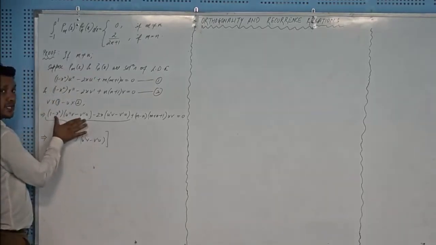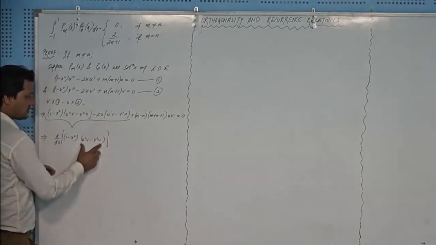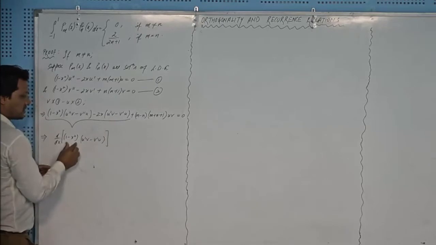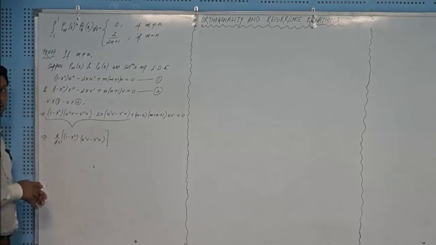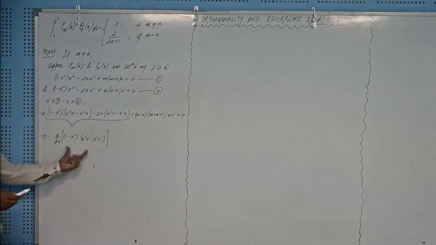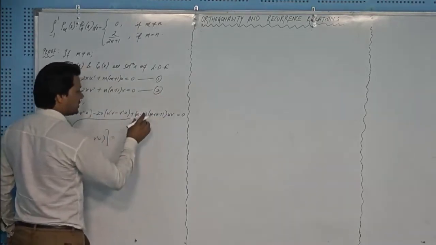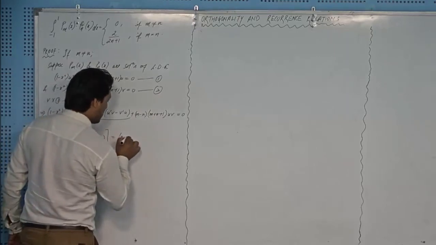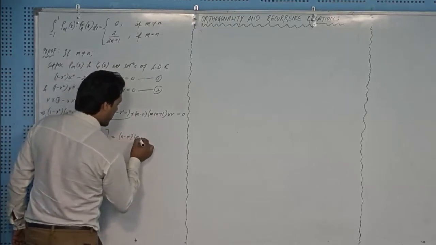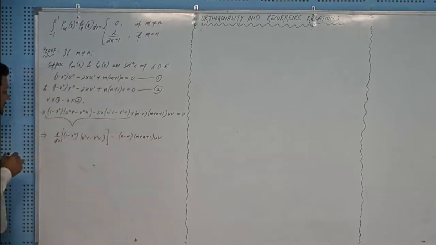Then, because it is the chain rule, the second term will be plus this, with the differentiation of 1 minus x square being minus 2x. So these two terms can be written in this derivative form. And if I take this on the right hand side, it will become (n minus m)(m plus n plus 1) uv.